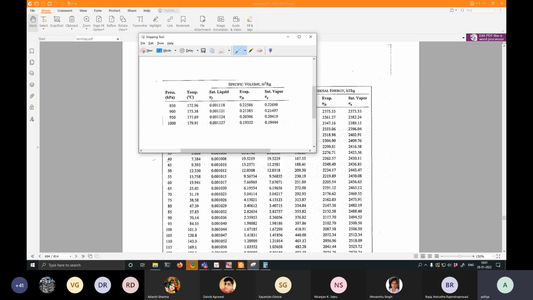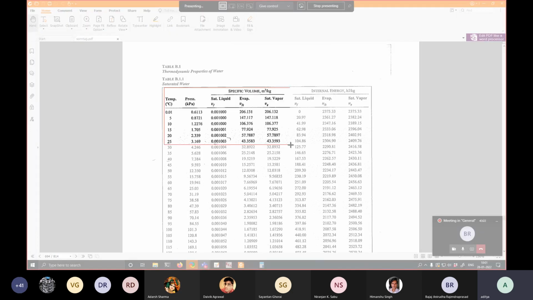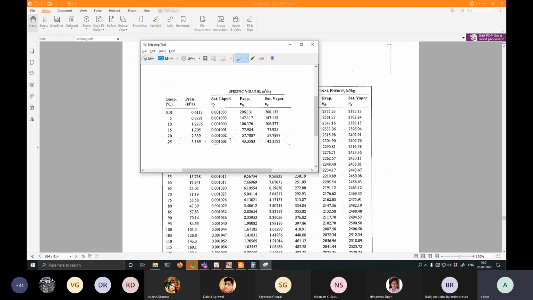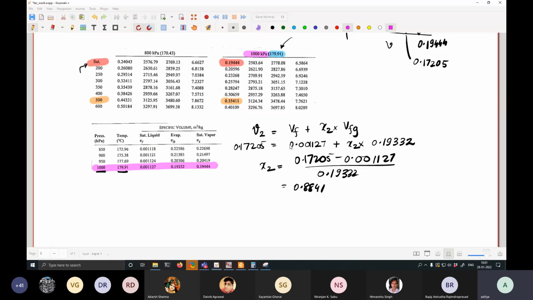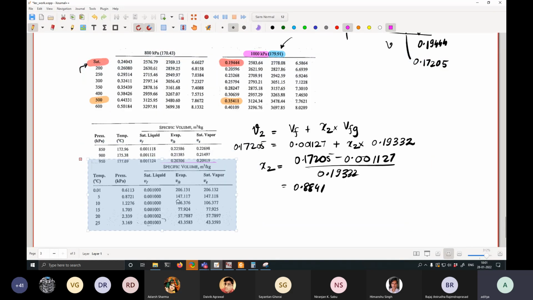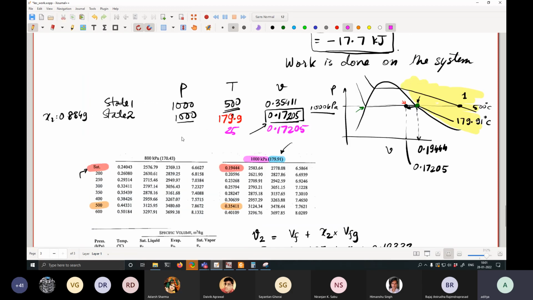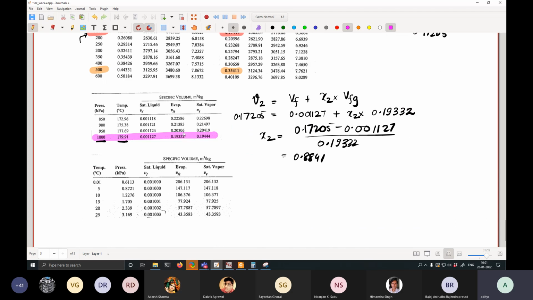All right, so I'm going to take a screenshot. 25 degrees Celsius. All right, so at 25 degrees Celsius, the question is, how much is the pressure? Let's see, how do we find the pressure?